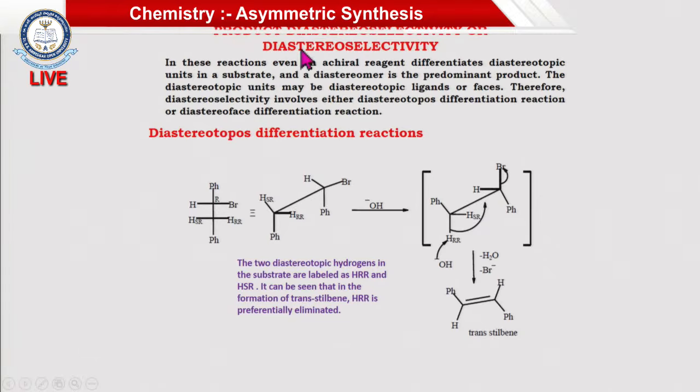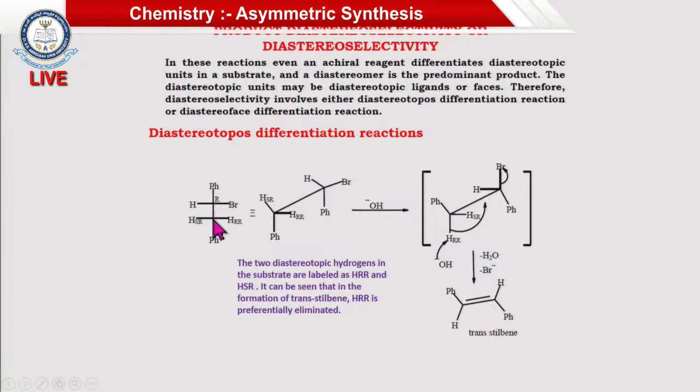Next, one more example we can see with this diastereoselectivity. This multi-chiral center compound has diastereotopic hydrogens here. Generally it has two centers: one is a chiral center, another is a prochiral center, because it has two hydrogens.